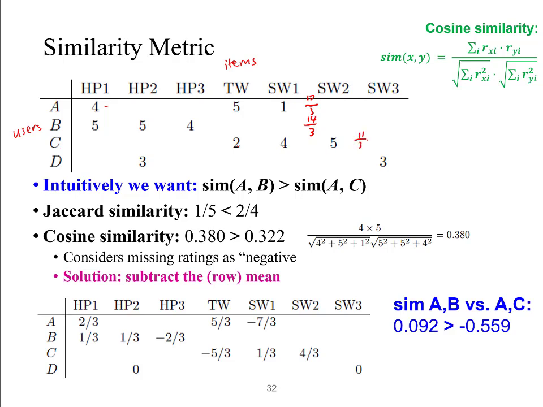If we subtract the row mean from each item, we would have what we've got here. And if we compute the similarity between A and B versus A and C on this new matrix, we get this answer. So the difference between these two similarities would be larger.